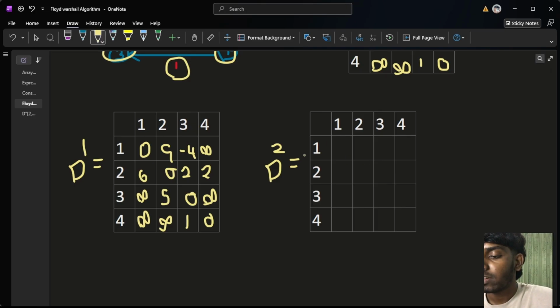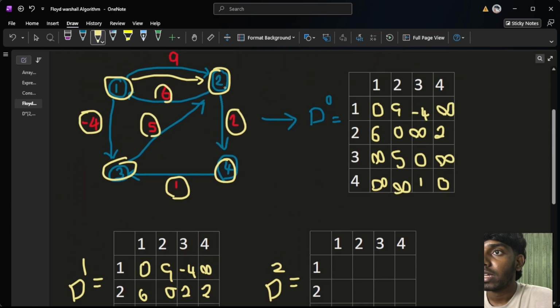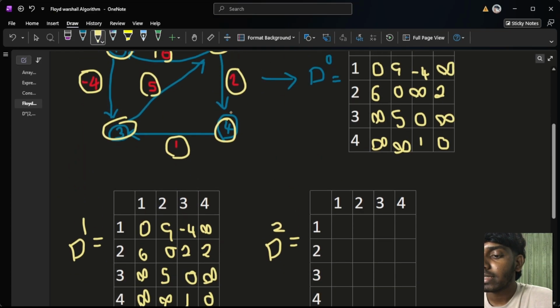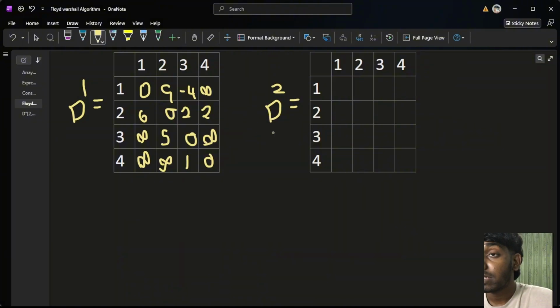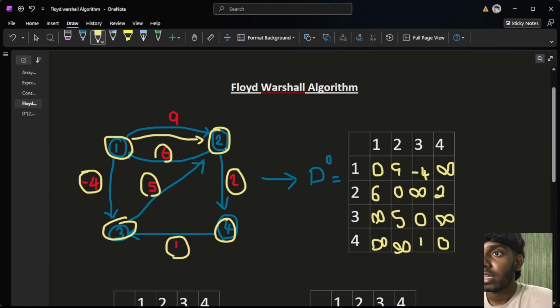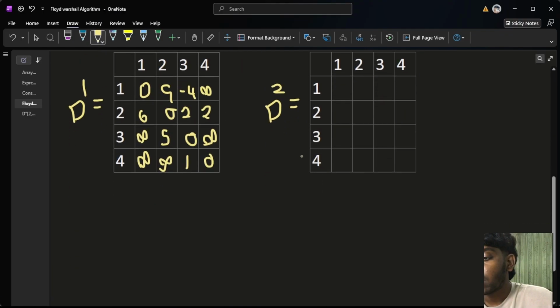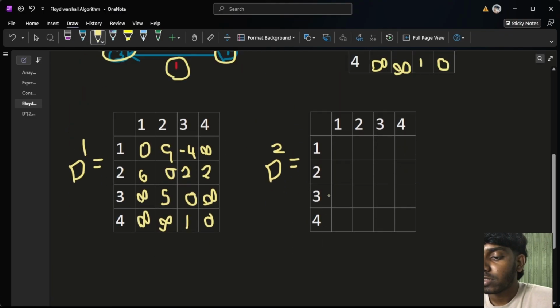Right here also the same thing that we did for the previous ones. In here we consider the element 2 as the middle vertex, which means we are going to create the D2 via 2, the element 2. In here also we consider D1 as our base matrix, so we are going to implement D2 from D1.